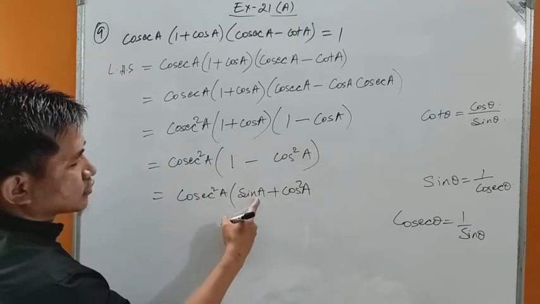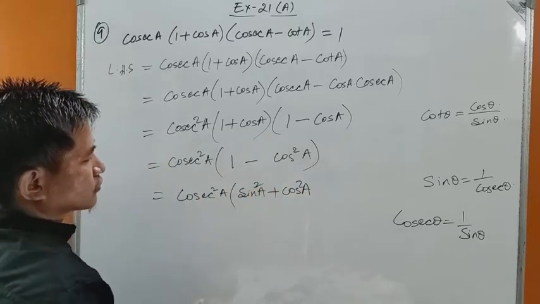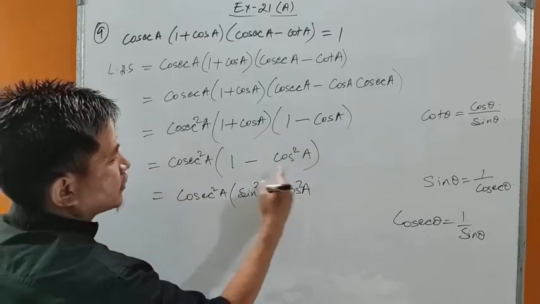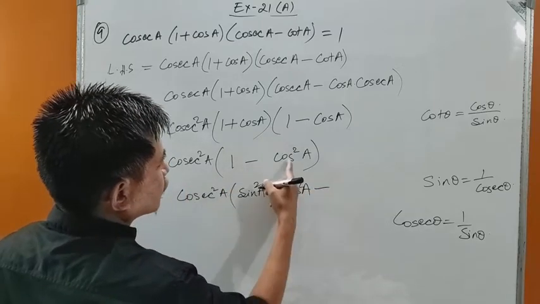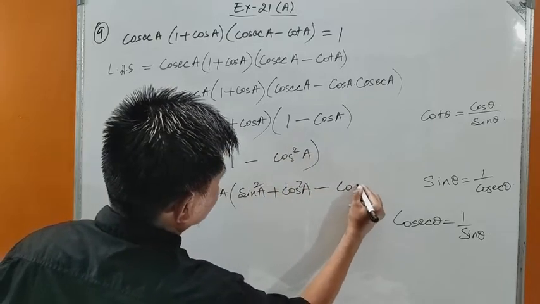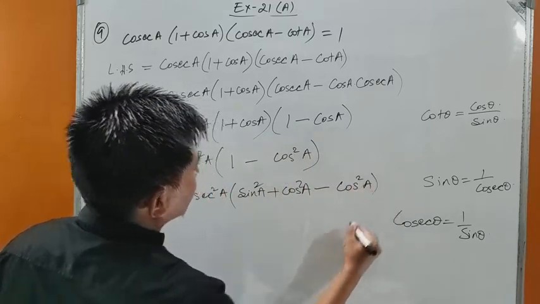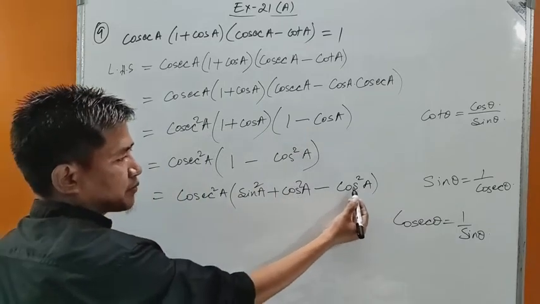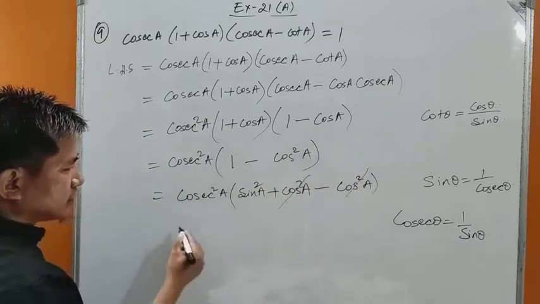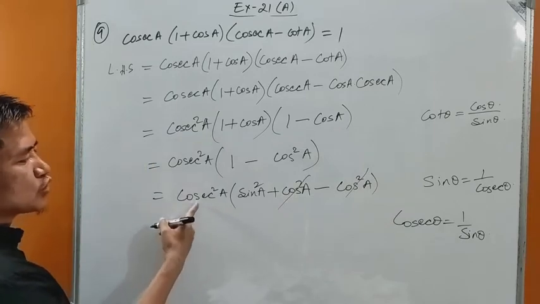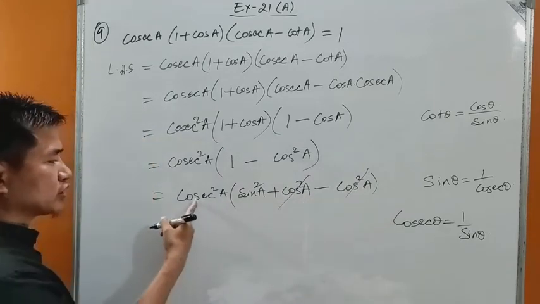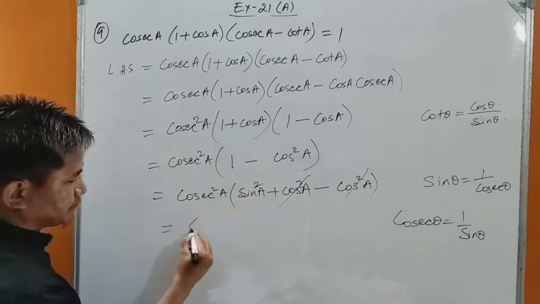This minus comes here, and cos square A is copied as it is. So this plus cos square A and this minus cos square A can be cancelled. So we have cosec square A into sin square A, because these two are cancelled.